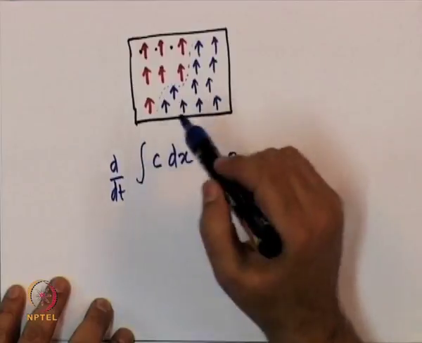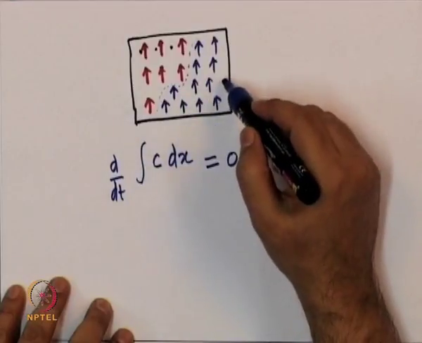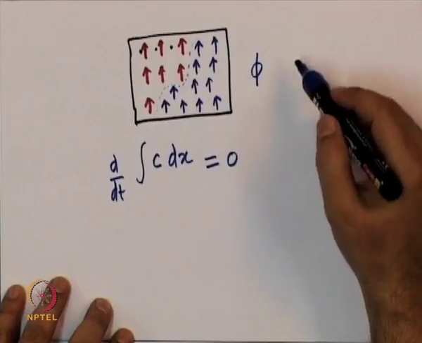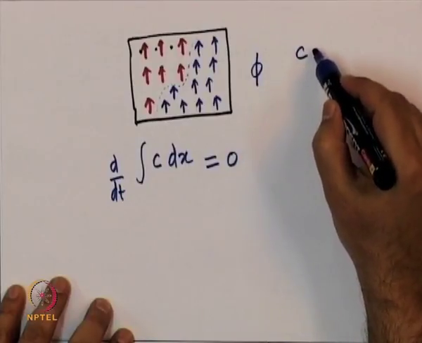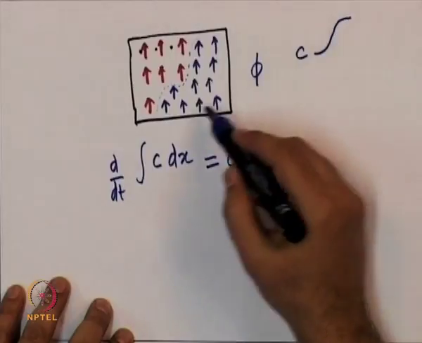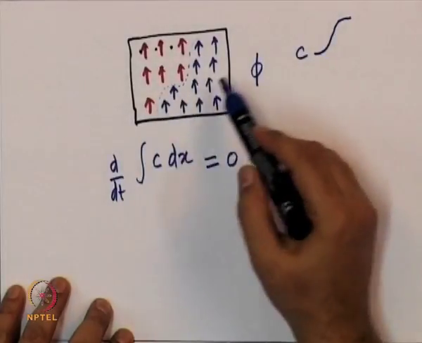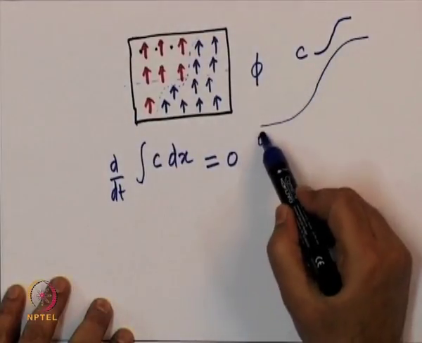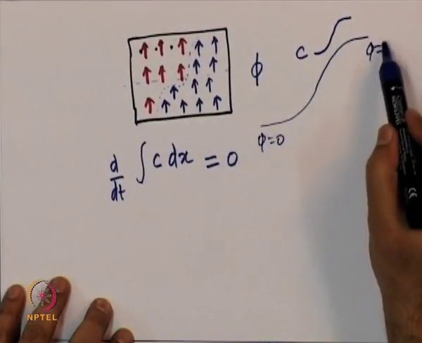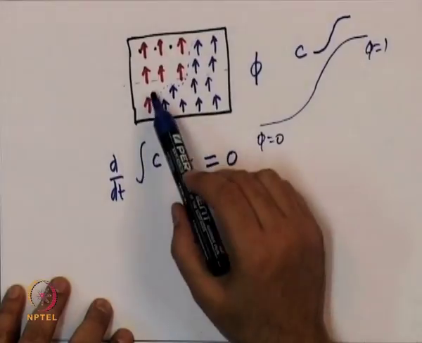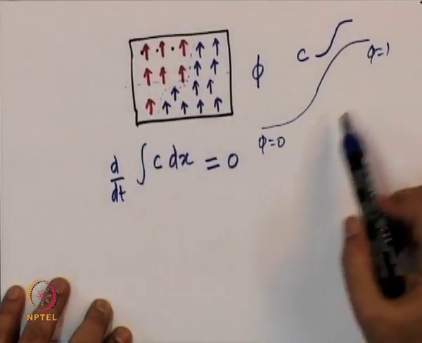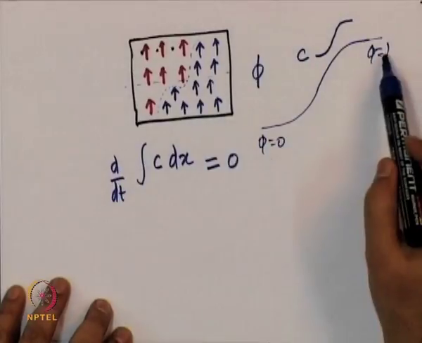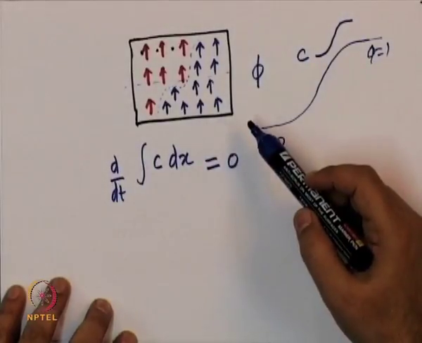In other words, the order parameter here, let us call it phi, is such that, like C goes from 0 to 1, phi goes from 0 to 1. So when you go across, phi goes like this. I can say that the regions where red atoms are at the center are denoted by phi equal to 0, and where blue atoms are at the center is denoted by phi equal to 1.